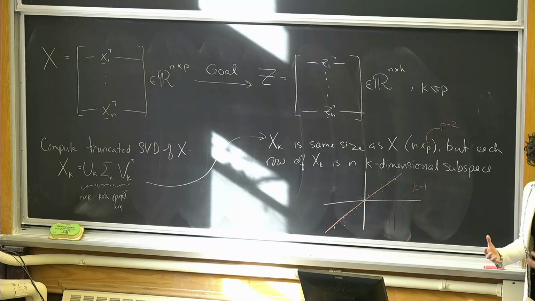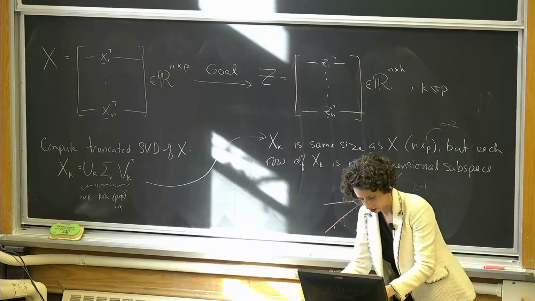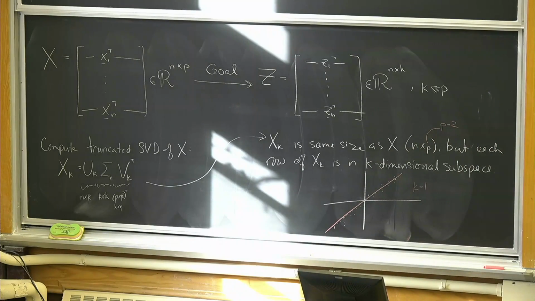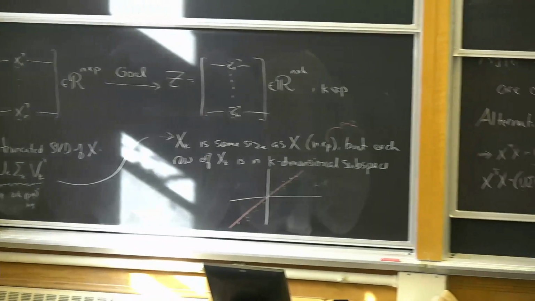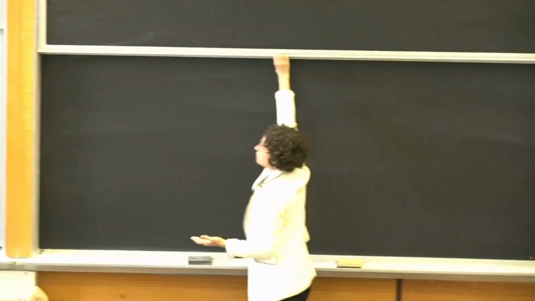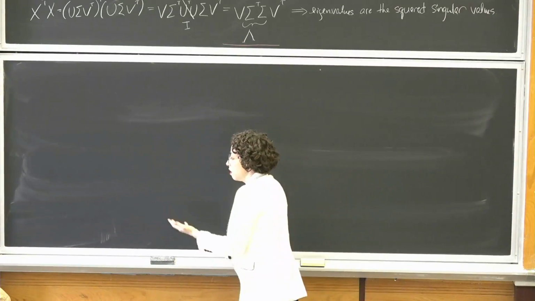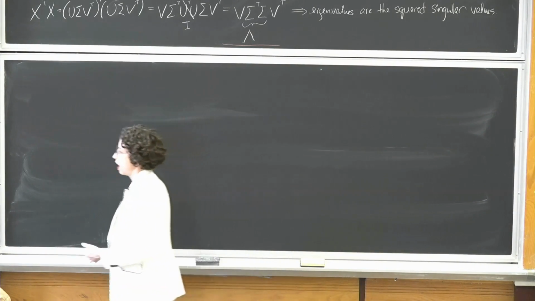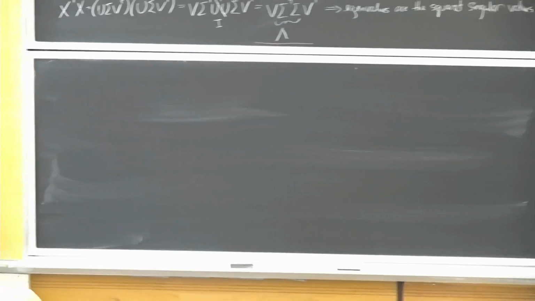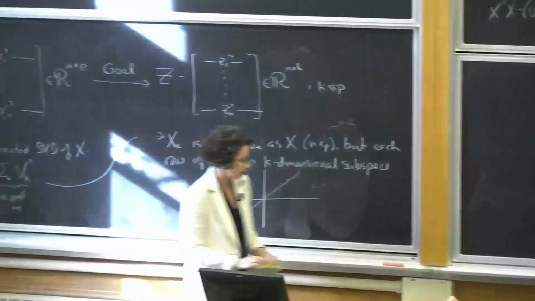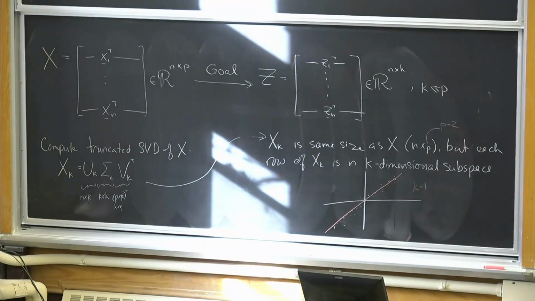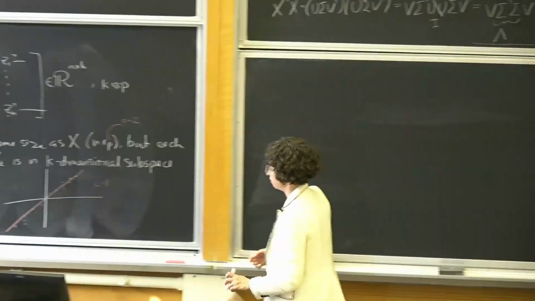So now that we've done our truncated SVD, we can say, well, if my points are in this K-dimensional subspace, then I don't need to use P numbers to tell me where. I can represent the location in the K-dimensional subspace just using K dimensions.